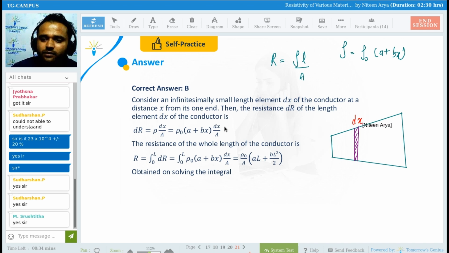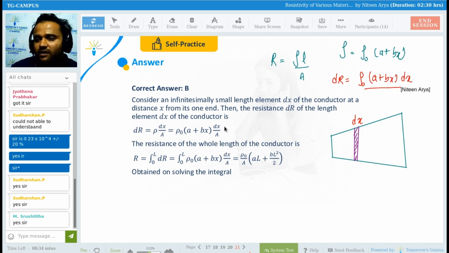We have this relation, so instead of R directly, we have dR, instead of rho, rho naught (A plus bx), and this is dx, and then this is A. Simple. Integrate, this is written over here. Integrate between 0 to L. Why so? Because the length is obviously between 0 to L only.